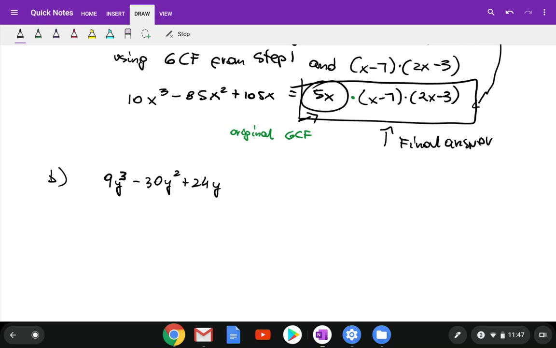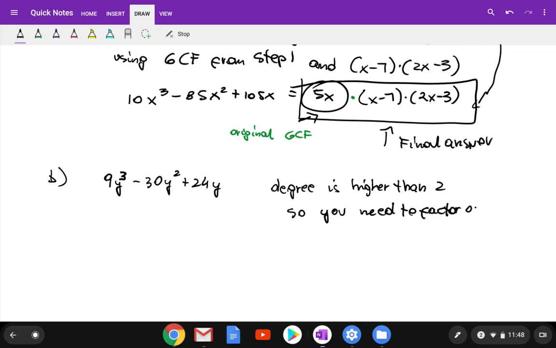So the same idea, the degree is higher than 2, so you need to factor out GCF first. Okay, just remember.